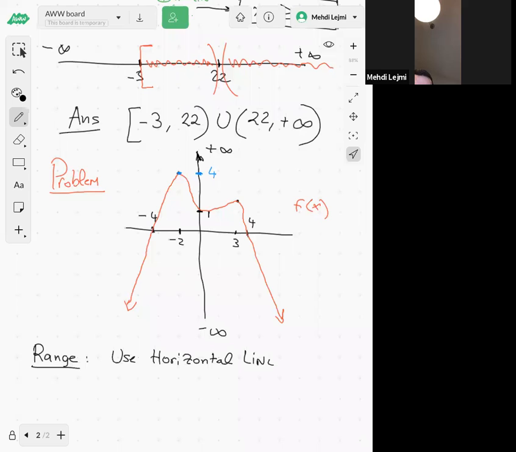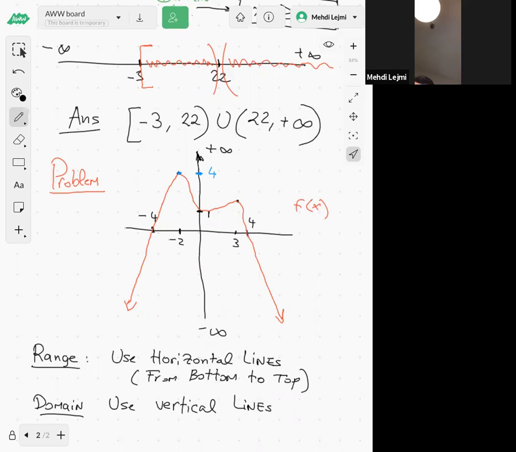For the domain, if there was a question about the domain, then you would use vertical lines, and whenever there is intersection, you are in the domain, from left to right. So this is, of course, negative infinity, and this is positive infinity.